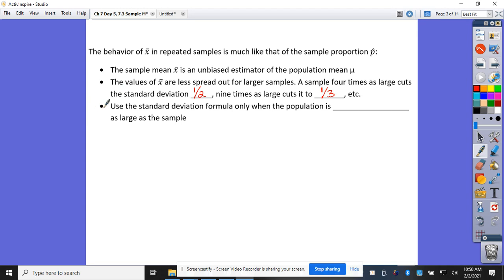And then just a reminder, still the same, use the standard deviation. When's the only time we can use the standard deviation formula? 10% condition. So let's think about the way it wrote it. When the population is blank as large as the sample. At least 10 times as large as the sample.